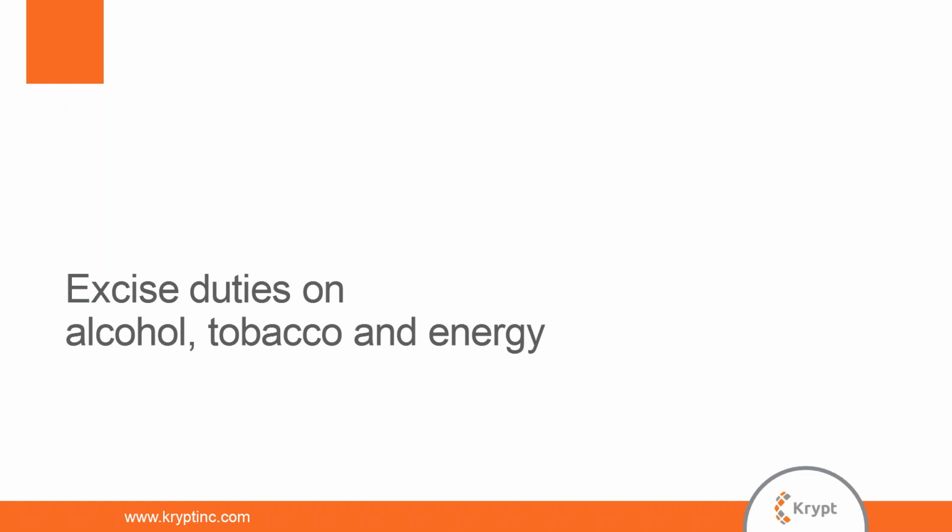Within the European Union, excise duties are applicable on alcohol, tobacco, and energy products at the final point of consumption. Traders distribute these goods either under excise duty paid or excise duty suspension.